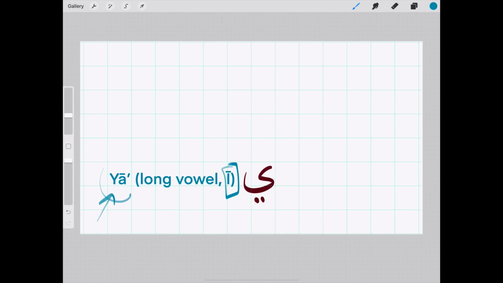So this is a long vowel, pronounce it as E. And the way to write it is like this. And you attach it to the letter. This is the ya letter or the long vowel. You just attach it to the letter.